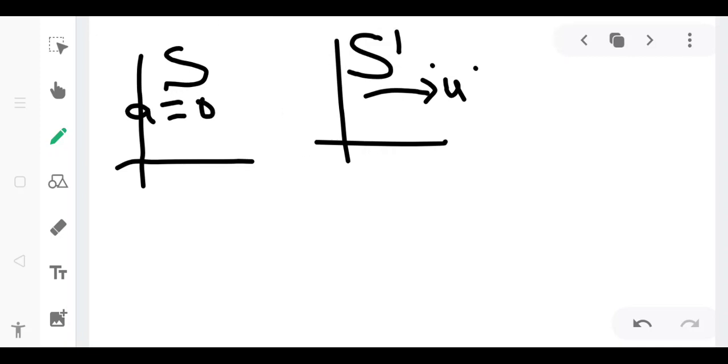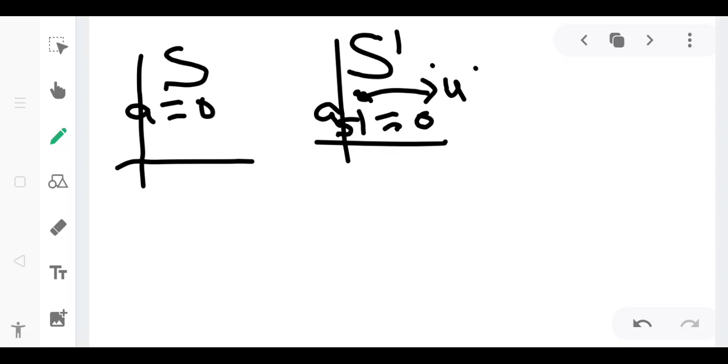Whatever frame of reference S dash is moving with uniform velocity, its acceleration is also zero. Then the acceleration of the particle also will be zero.